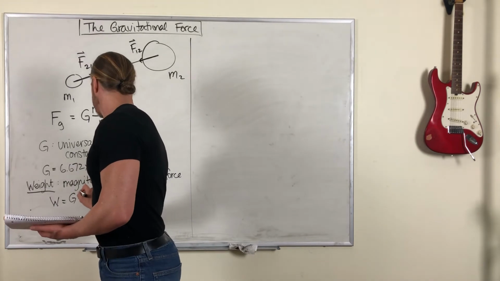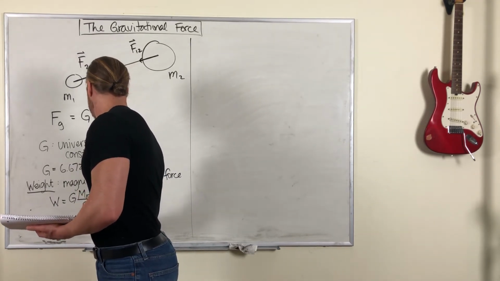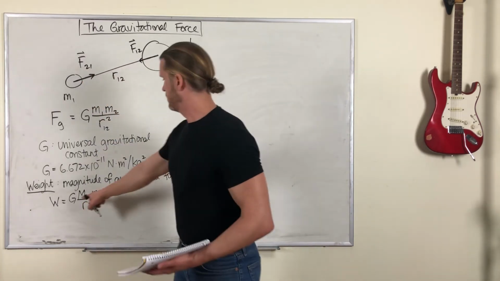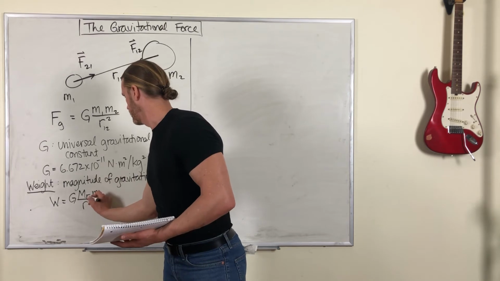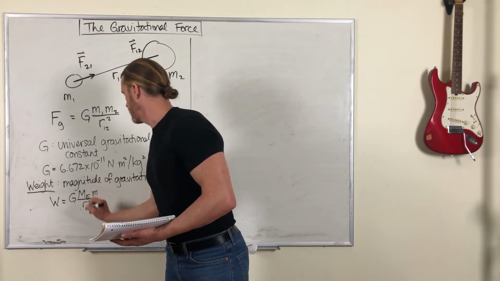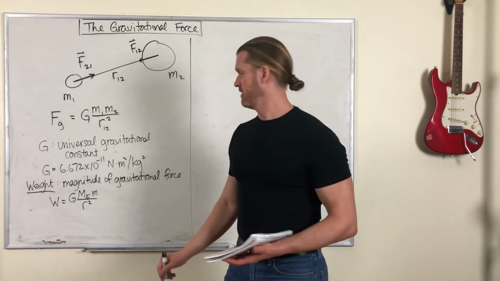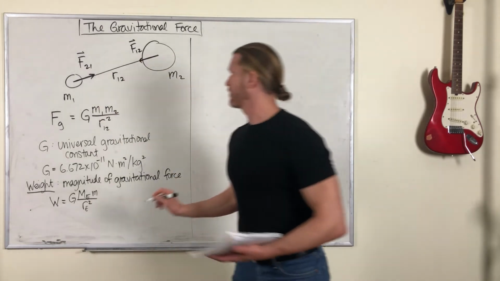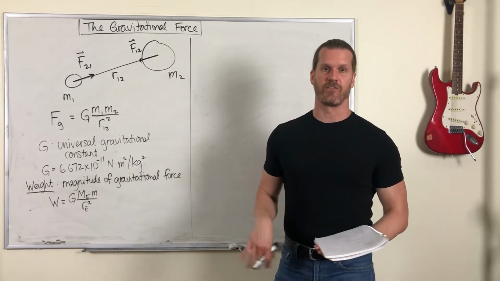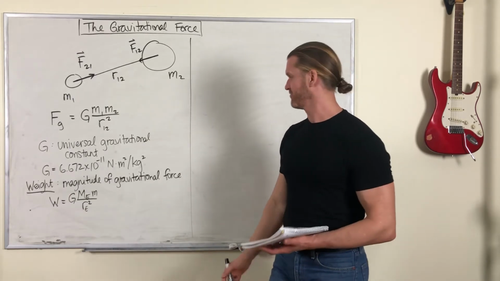Then this equation would be G, mass of Earth. Sorry, you can't see that E very well. Mass of Earth times mass of object divided by the radius of the Earth squared. If you're standing on top of the Earth's surface, then the distance to the center is the radius.